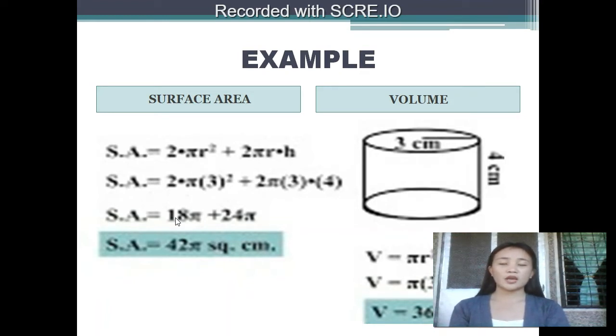Then we have SA is equal to 18 pi plus 24 pi. All in all, we have 42 pi square centimeters. That is the surface area of the given example.